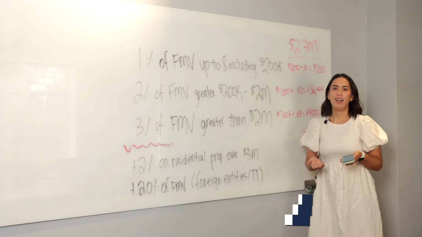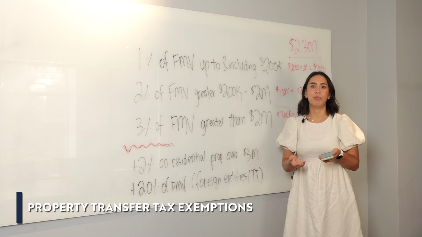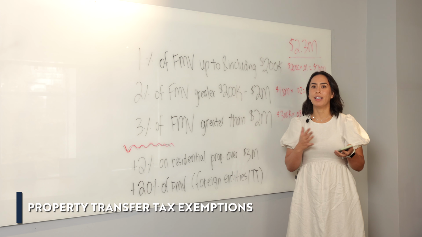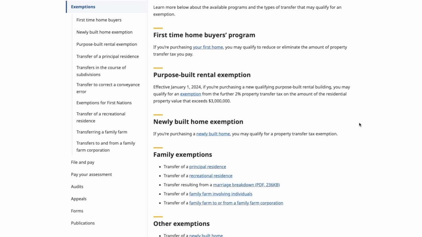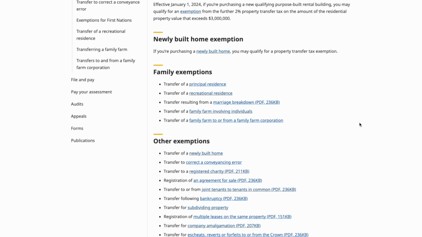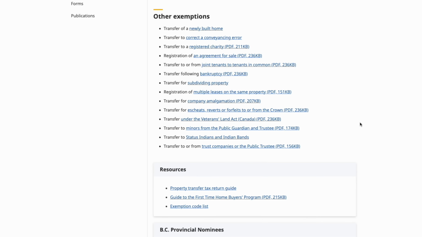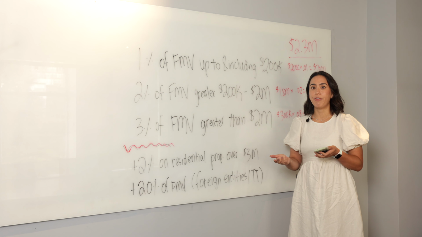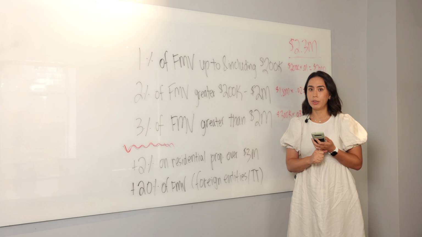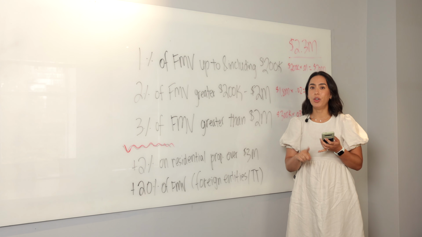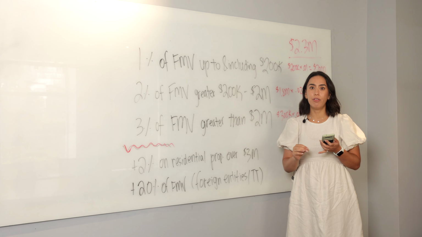Keep in mind there are a number of property transfer tax exemptions as well, so you'll want to check out the government website or ask your lawyer who's doing your conveyancing and title transfer if you qualify for a property transfer tax exemption. Some notable ones are definitely the first-time homebuyer property transfer tax exemption, but you and the property have to qualify.